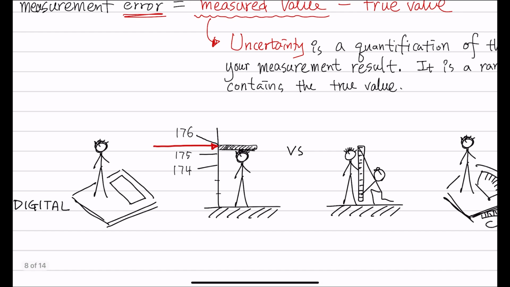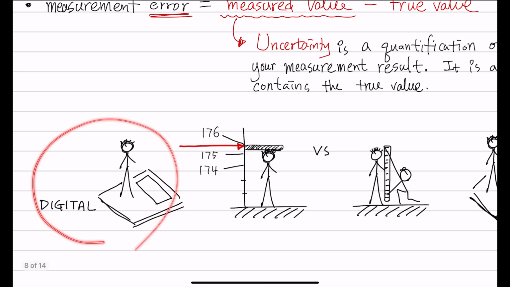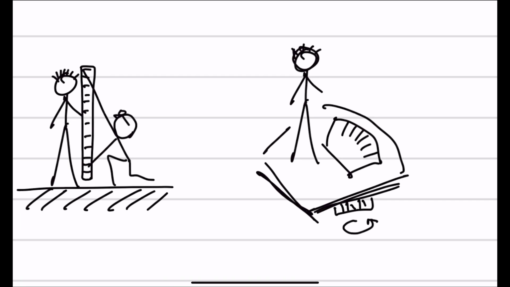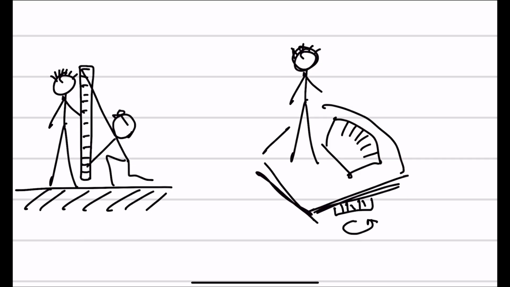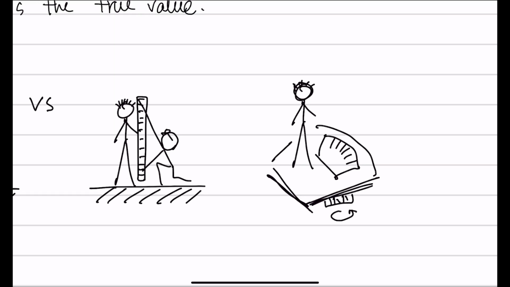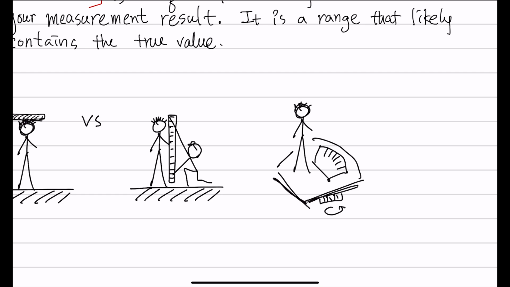And let's say we have a digital scale. Okay? This guy, we just trust that thing. This guy is referenced or calibrated correctly. But when you go on a scale like that, then you need to do what? You need to calibrate it, and you need to read it, right?